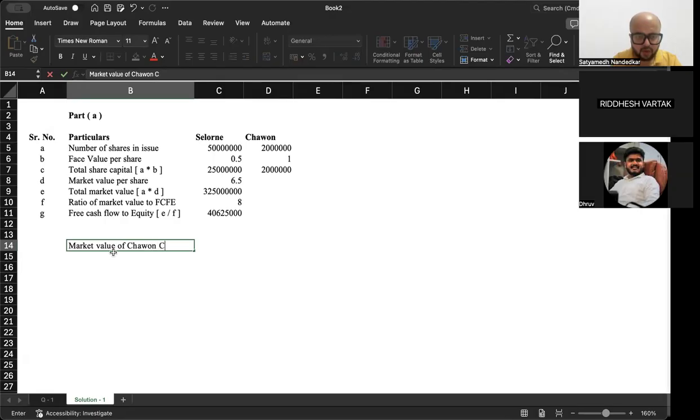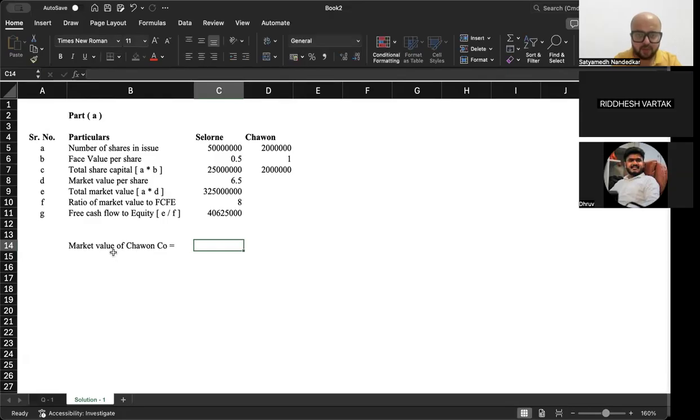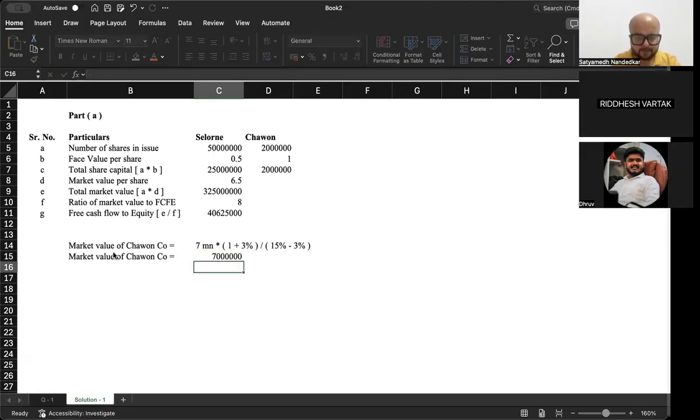So, market value of Chavon Company. How will we calculate it? Market value of Chavon Company. It is 7 million into 1 plus 3% divided by 15% minus 3%.